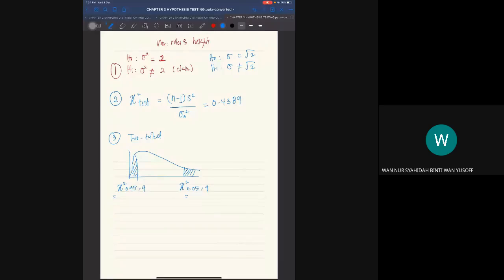What are the critical values? That's the upper one. The lower one?